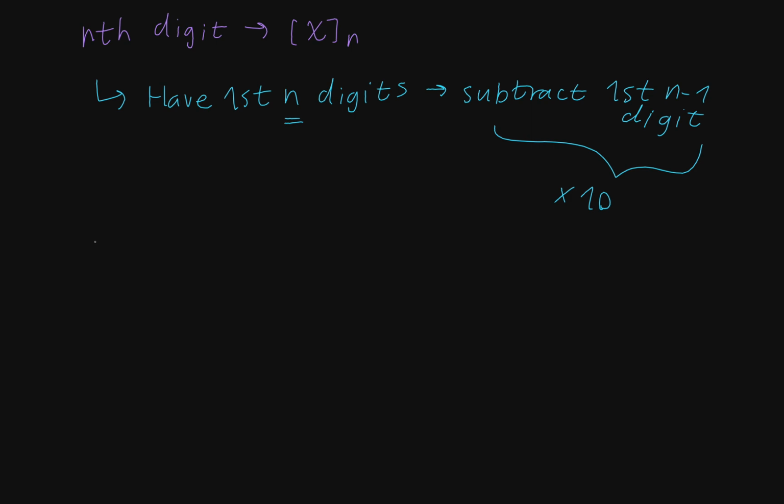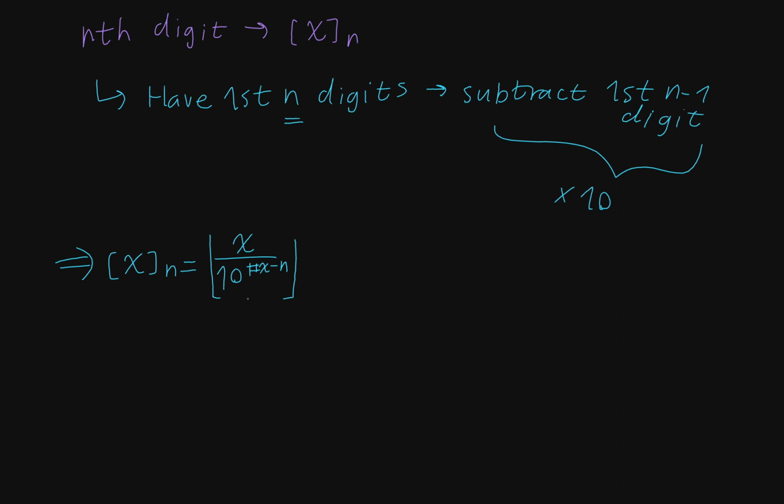So we can think about this like so. For the first n digits, we're going to have the number, and then we're going to divide by 10 to the digit count minus n, right? That's going to give us the first n digits, and there might be some decimals left over, so we're just going to take the floor of this to round it down.